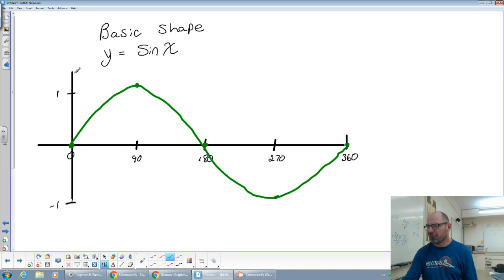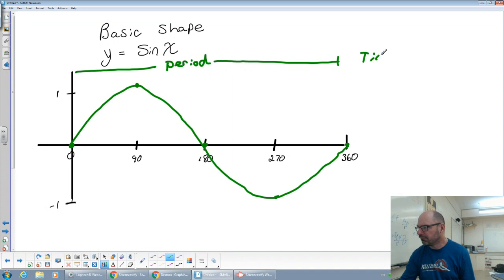So we call this length here the period. Okay, it's the time it takes, well, not the time. I guess we're talking degrees here. I keep thinking physics here. Sorry, guys.